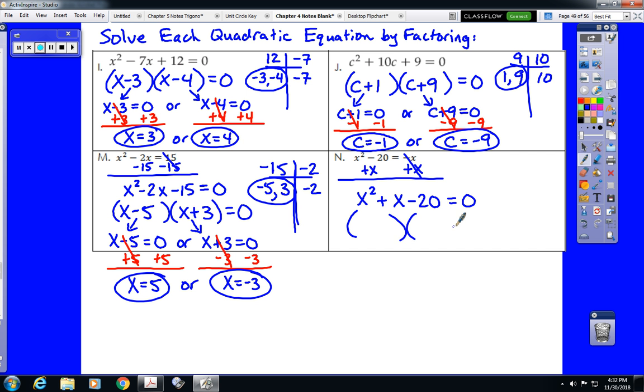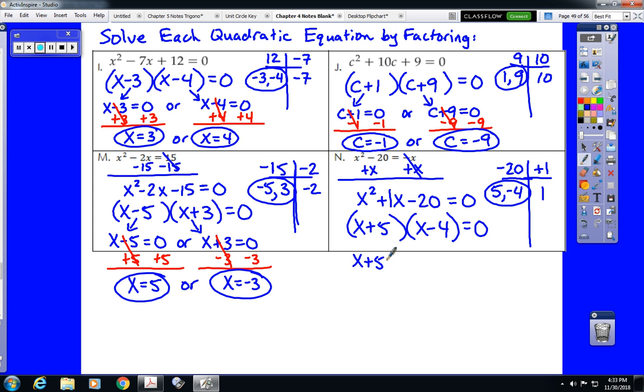We're going to factor that by looking for a pair of numbers that multiplies to -20 and adds to 1, because there's an invisible 1 there. That would be +5 and -4. Those would be the numbers that add up to +1 and multiply to -20. So x plus 5 and x minus 4 are my factors.